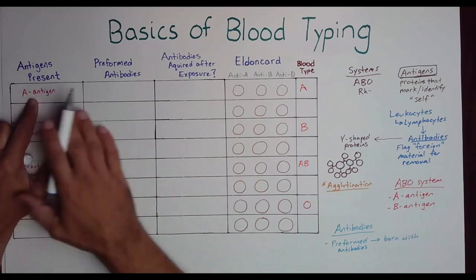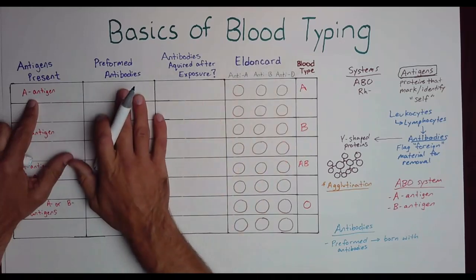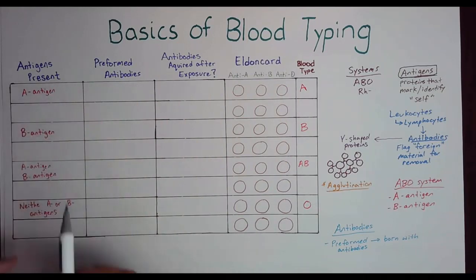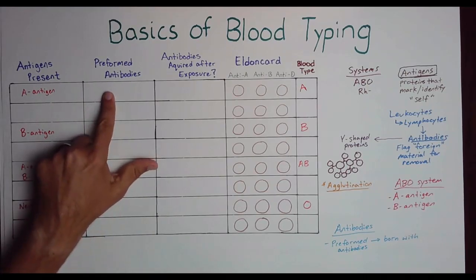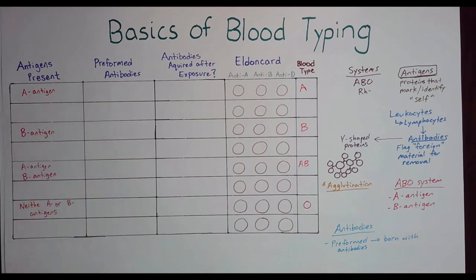If we're an A antigen, we're a type A blood. Do we want to have an antibody against A? And I hope you guys are saying, no, Dr. H, because if we had the antibody against A, then that would attack the A antigen that's already present. And it would cause agglutination. And agglutination is bad for many different reasons I don't want to get into in this particular video.